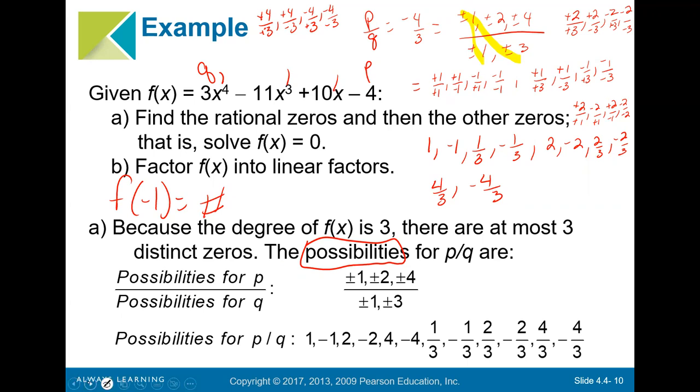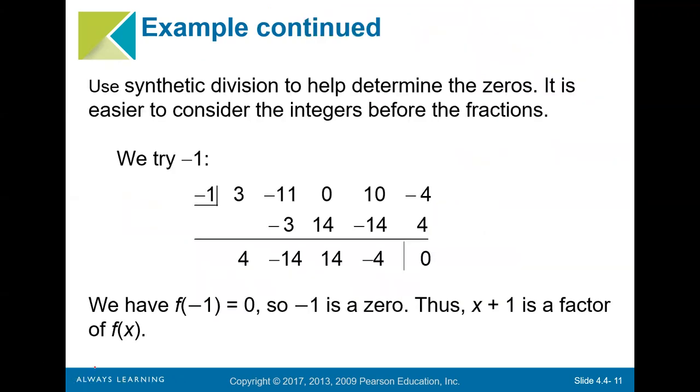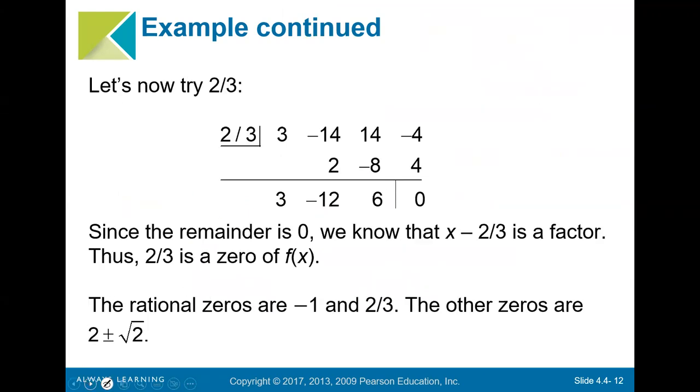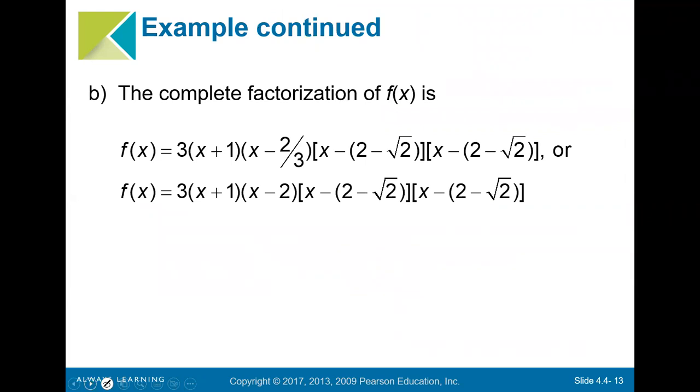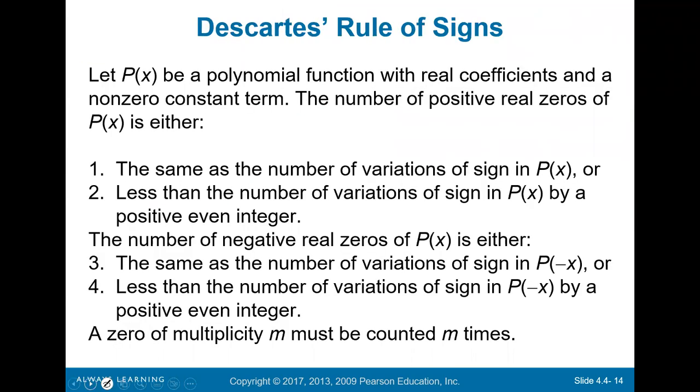Either way it goes, as long as you do your math right, you're going to get your answer right. So you can use synthetic division or you can plug in. And as you notice, they've done it on these. You could come out with a complete factorization and it can give us something irrational.